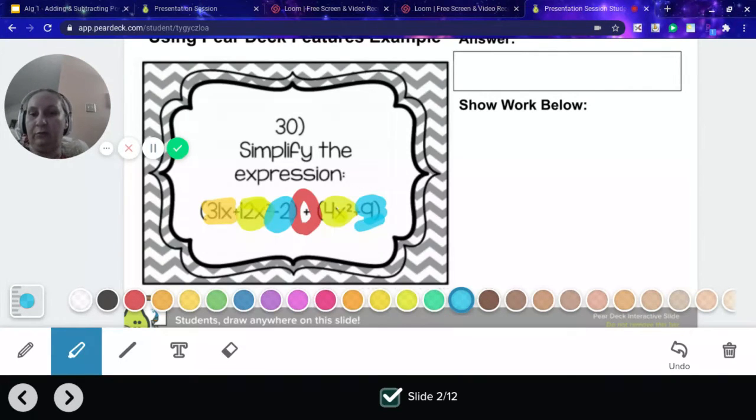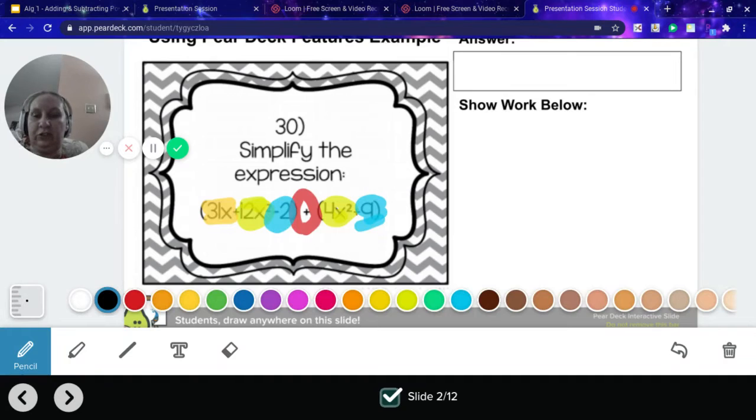Okay, so now we're going to rewrite. I like to use the stack method. So I'm going to rewrite my equation over here in the show work area in a way that I want the answer to look. I'm going to start with the first parentheses, finding my biggest exponent.